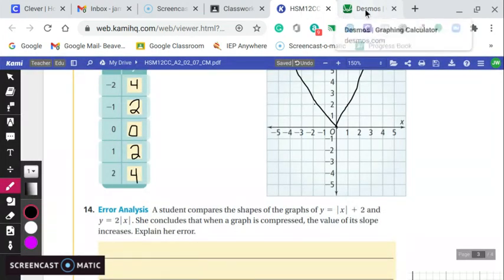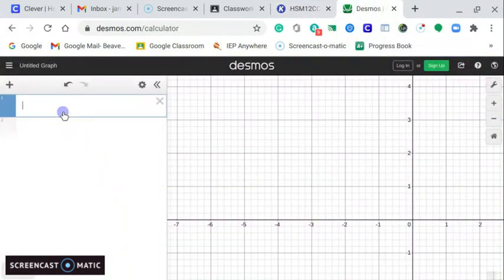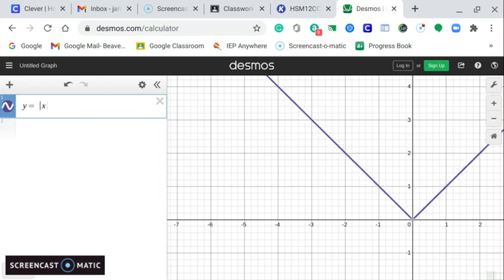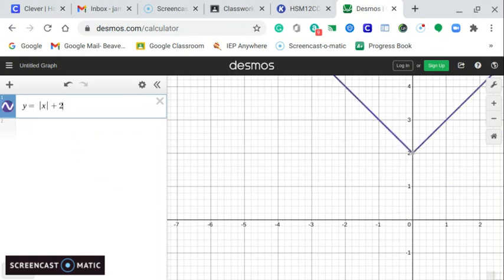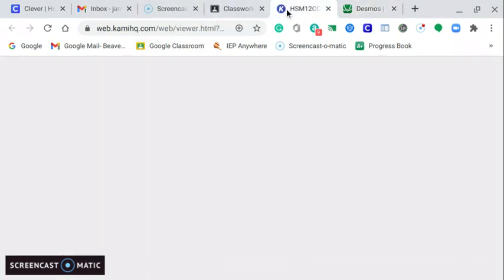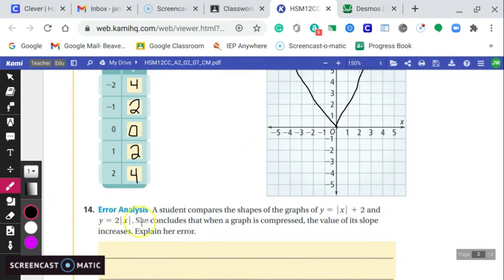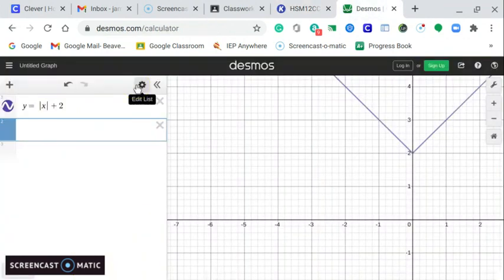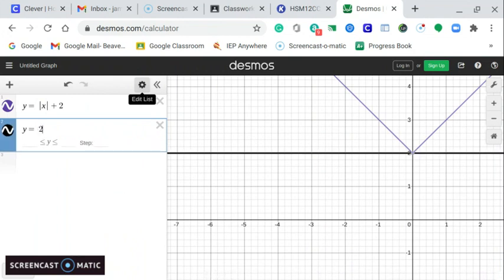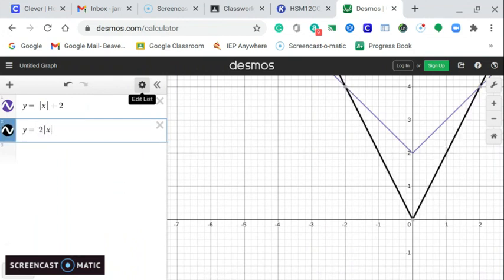Y equals absolute value of x plus 2. Right there it is. And the other one says y equals 2 times the absolute value of x. So it's y equals 2 absolute value x. And there's a difference right there.